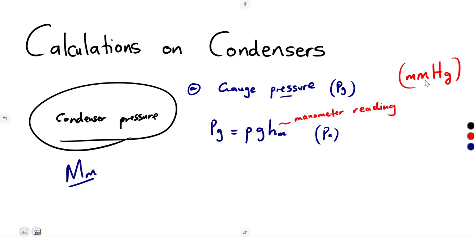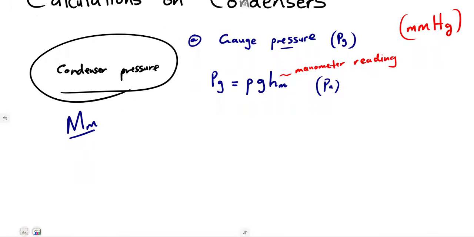For the gauge pressure, you use the manometer reading, because there is another one that we are also going to use with the same concept of the formula, but this time it is the atmospheric pressure.